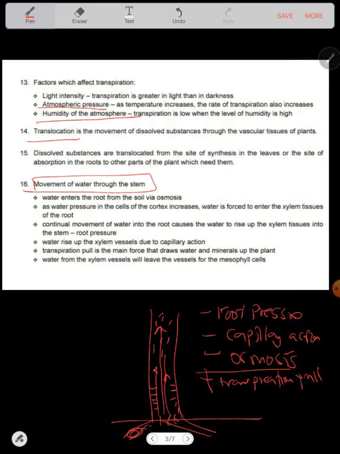This is the main force that forces water, also mineral salts or other minerals, to move up the plant. Water from the xylem vessel will leave the vessel for the mesophyll cell. So that's a summary about transpiration, translocation, the vascular bundle, movement of water, and absorption of water in a plant.